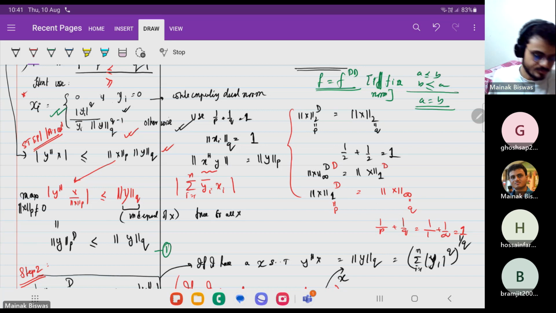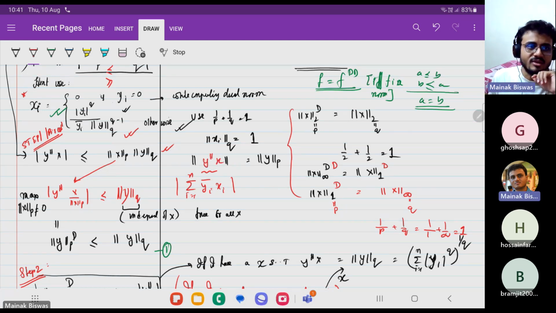This is what your y Hermitian x is, right? Correct?